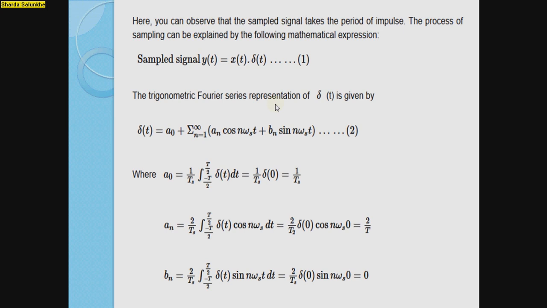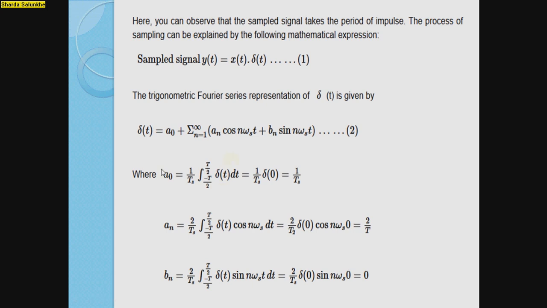The trigonometric Fourier series representation of delta of t is given by: delta of t is equal to a0, that is the Fourier coefficient, plus summation of n equal to 1 to infinity of an cos n omega s t plus bn sin n omega s t. This is your equation number 2. For this derivation you need a pen and notebook so that you can write the steps one by one and understand them. It may be useful for you.